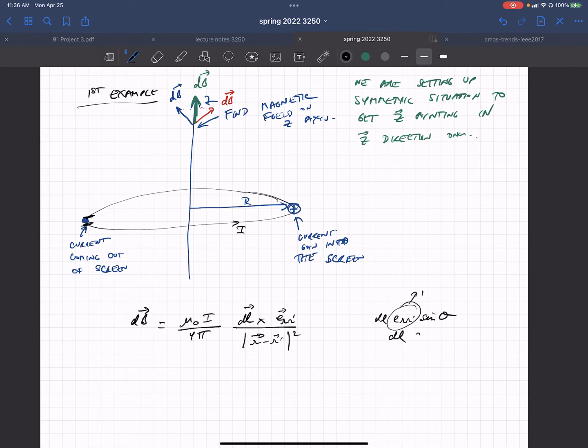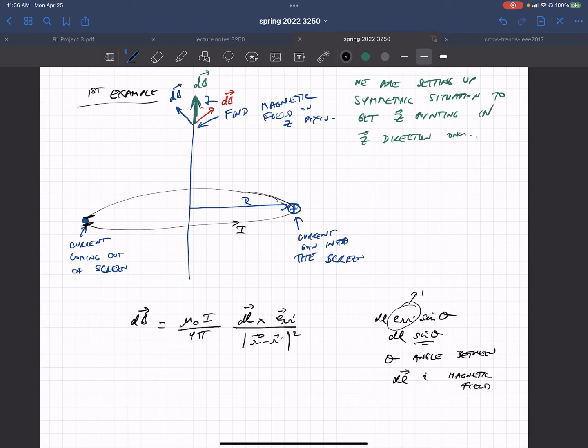So it's really dl sine of theta, and this theta being the angle between dl and what we want to figure out, which is the magnetic field.